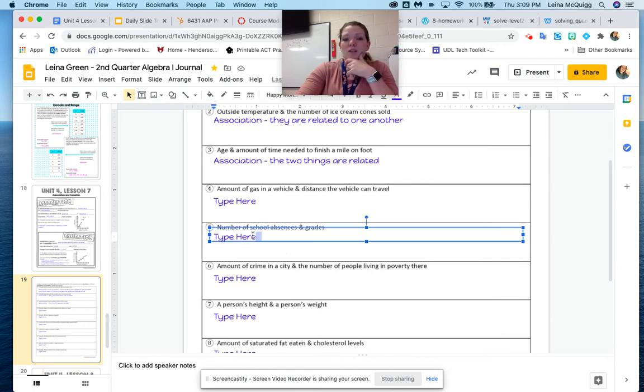Maybe it would help you, but it doesn't necessarily affect your grade. You could still make a good grade even if you're not in school every day. So I think these are associated because they are related. But one does not directly change the other.